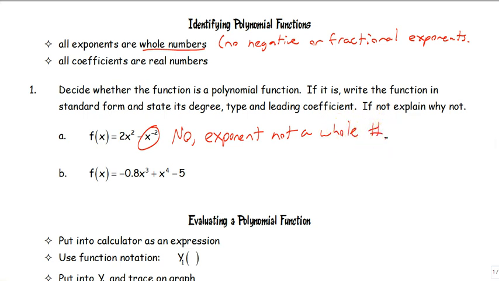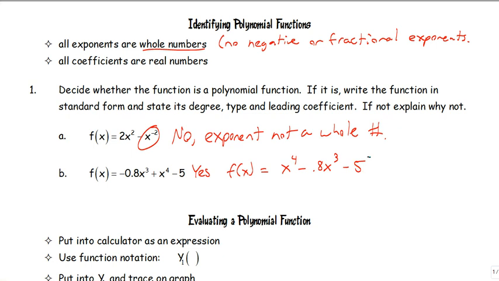I look at letter B. My exponents look fine. My coefficients are real numbers. So yes, I have to write this in descending order. This is a polynomial function, and the correct order would be x to the 4th minus 0.8x cubed minus 5.